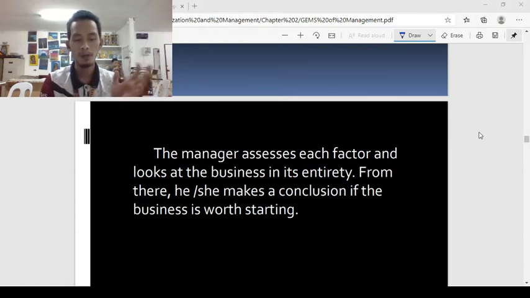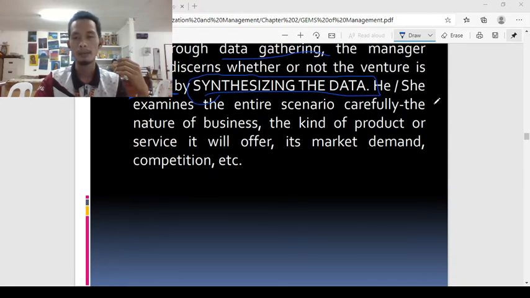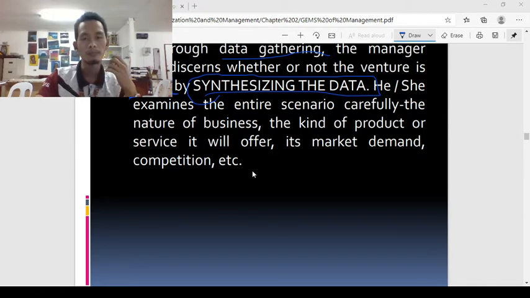And then before, bisan simple na siya nga business class, before putting up such business, Mang Juan must consider certain information, like mag-data gathering siya. Mupatok ba ka siya na market demand? Talking about market demand, naa ba kay market demand, di ba?